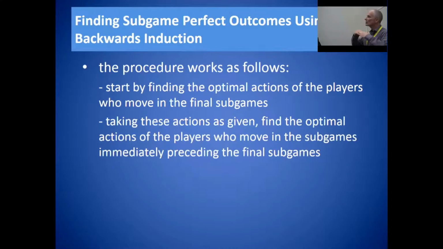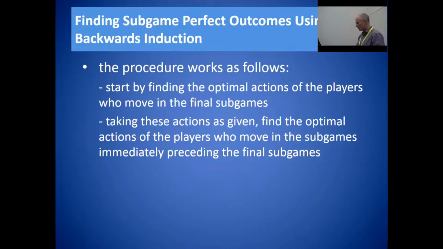And then, taking these actions as given, we find the optimal choices of the players who move in the round of subgames preceding those, the penultimate round of subgames. So you go right to the end, find the optimal strategies, take those as given, and then move to the preceding round and find the optimal strategies in those.